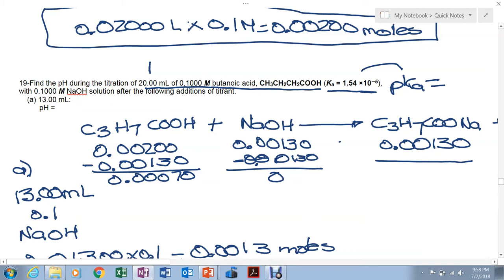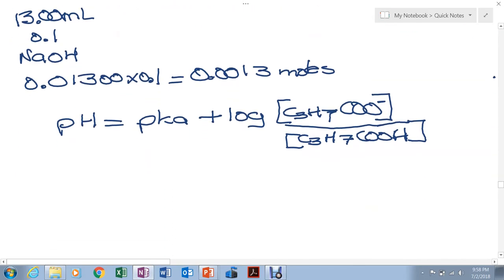4.81. That's the pKa. So now if the pKa is 4.81, we have pH equals 4.81 plus the log, but hold on.